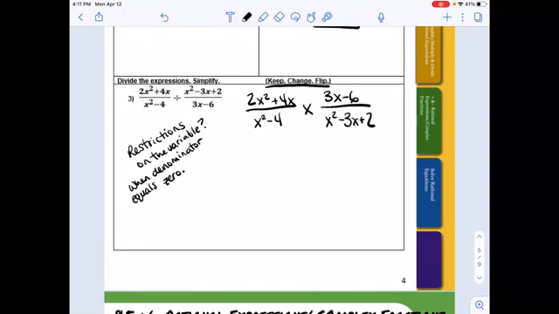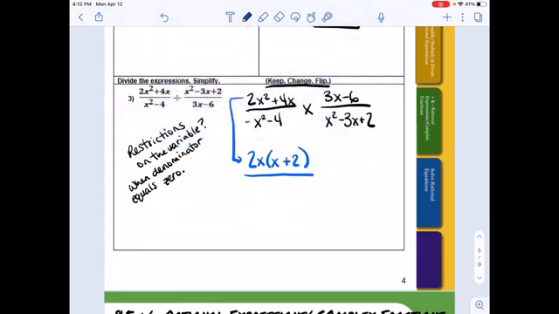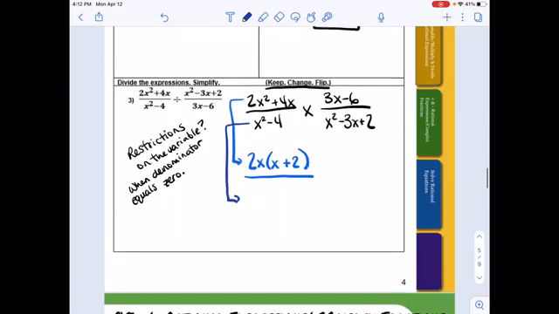From here, we have, once again, difference of squares, greatest common factors, and normal factoring. So I need to do all of these things. This one is a greatest common factor. I'm going to pull out 2x from each of these. The denominator on the first fraction is a difference of squares.